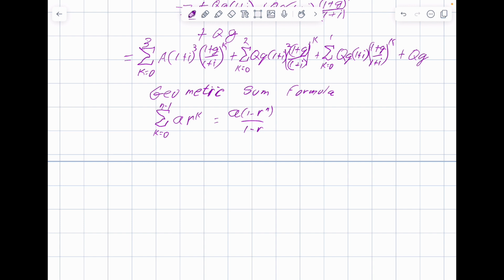So this will come in very nicely to write these terms in closed form.